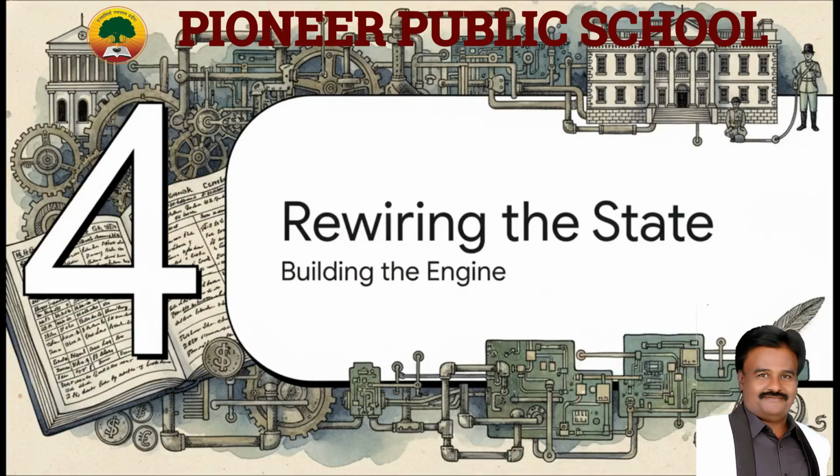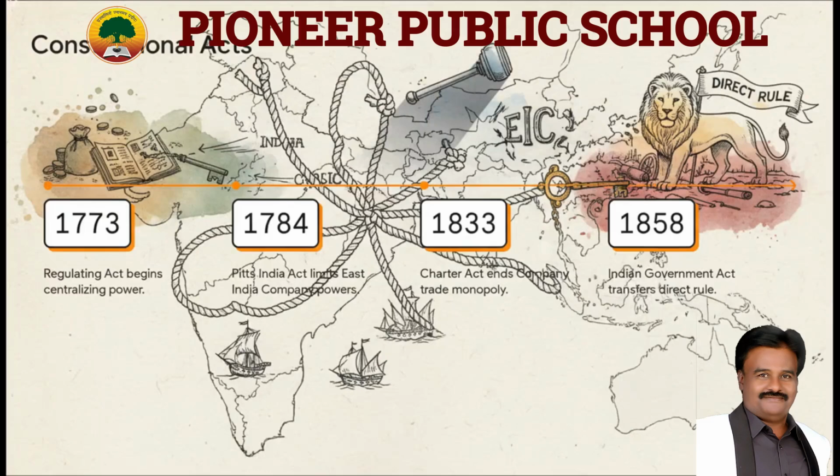Section 4. Rewiring the state. See, the British didn't just disrupt the economy. They had to build an entirely new system to manage their wealth and maintain absolute order. To control such a sprawling, fractured subcontinent, they passed a rapid succession of constitutional acts. In 1773, the Regulating Act began centralizing power to curb wild corruption by company officials.